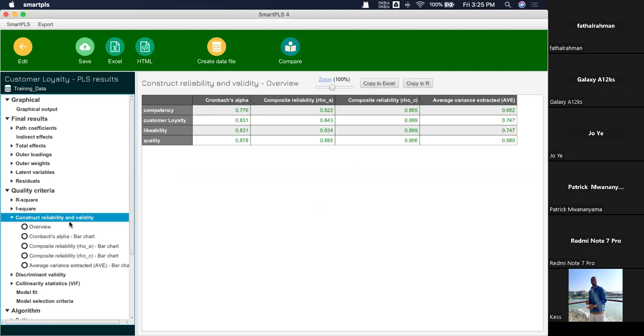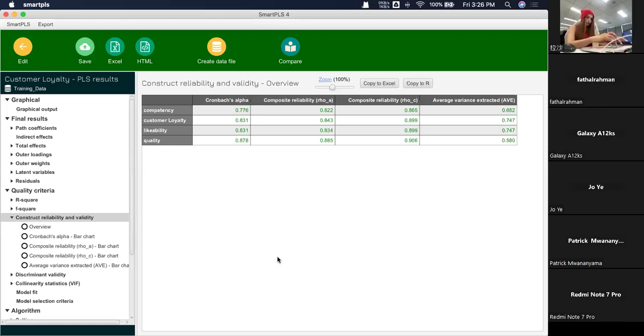There's a small change: the composite reliability has gone down, and the AVE has changed from 0.544 to 0.580. Did it decrease or increase? It increased. Please let's note that.